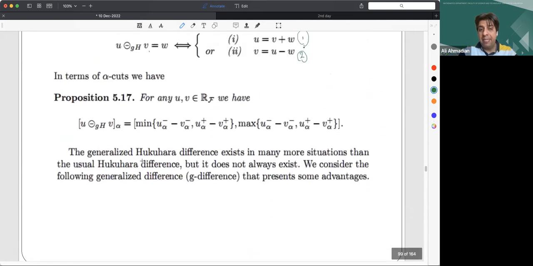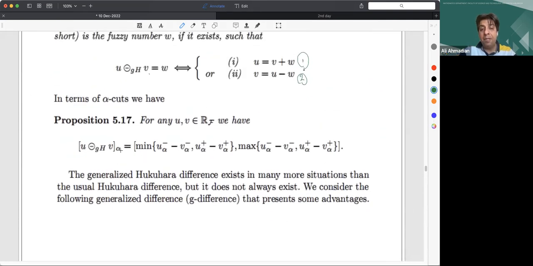This one in practice says that if we have the alpha cut of U minus generalized Hukuhara difference V, it is also equal to the minimum of U lower minus V lower and U plus minus V plus, and the maximum of U minus minus V minus and U plus minus V plus. What does it tell?